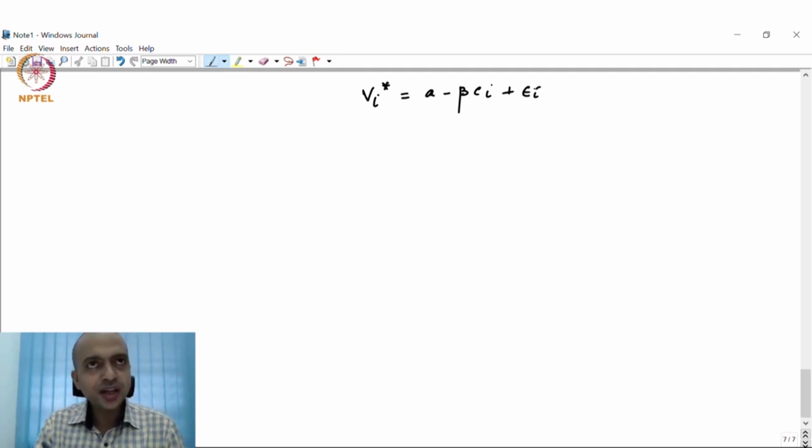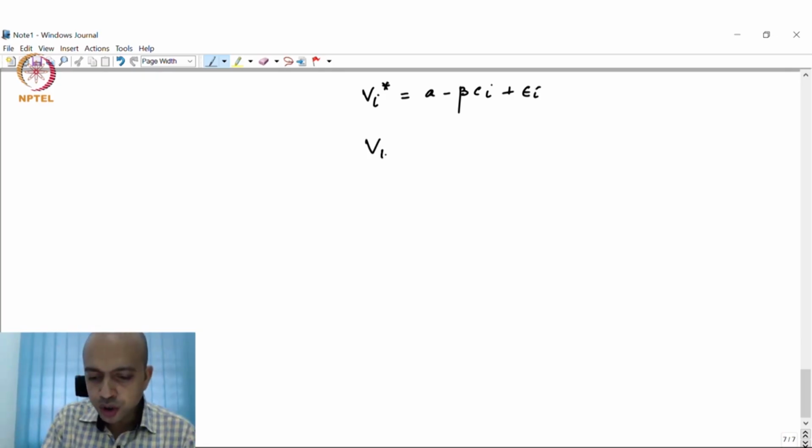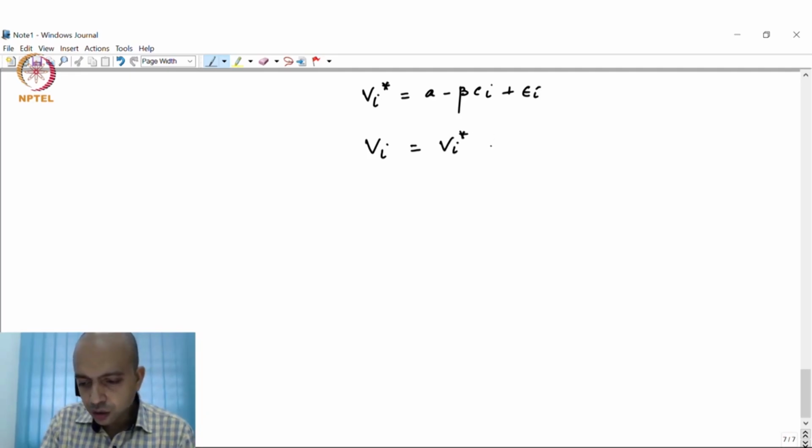So this vi is related to the actual trip in this way: vi equals vi star when vi star is greater than 0, and 0 otherwise.